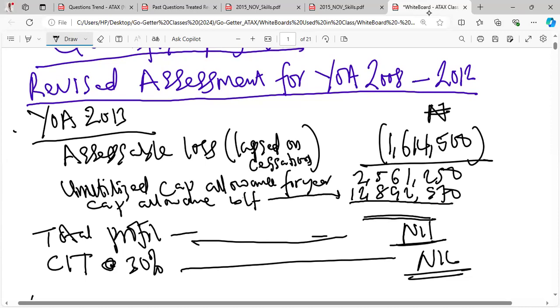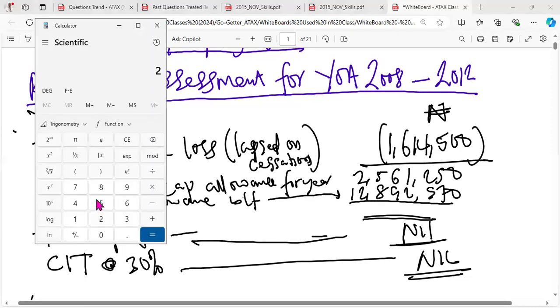When you add them together, 2,561,250, that's the one for the year, plus the one brought forward, 12,892,570, that gives me 15,453,820.